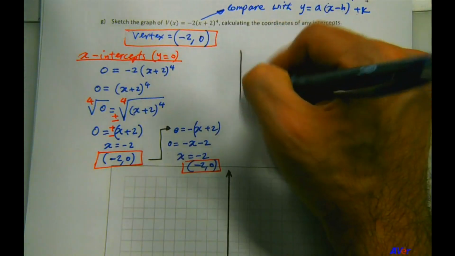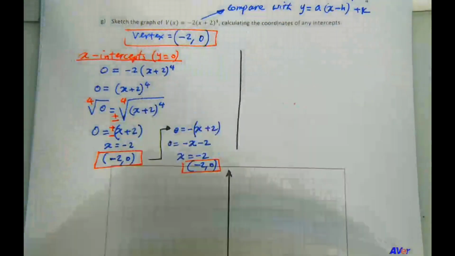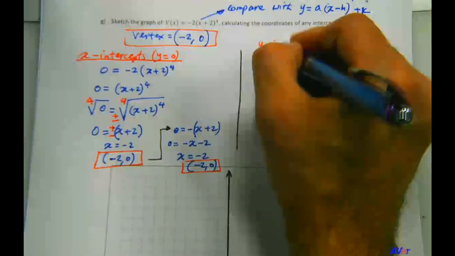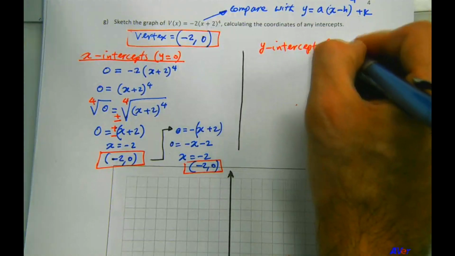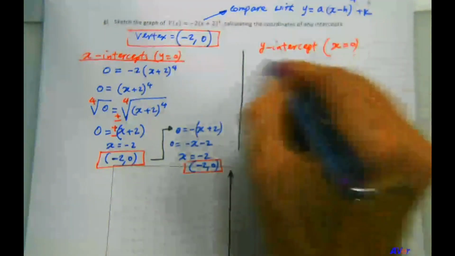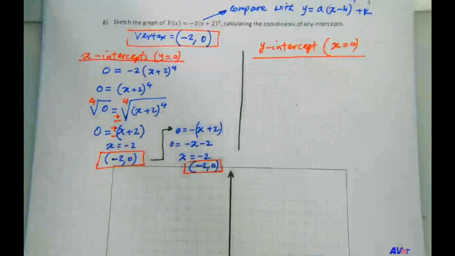And then let's find the y-intercept. Y-intercept means that's the location where the x value or component is equal to 0.